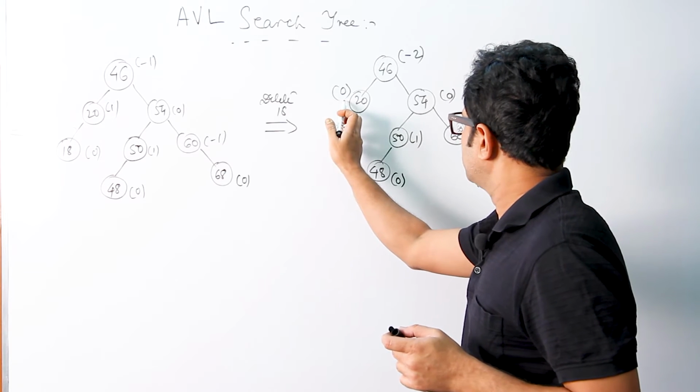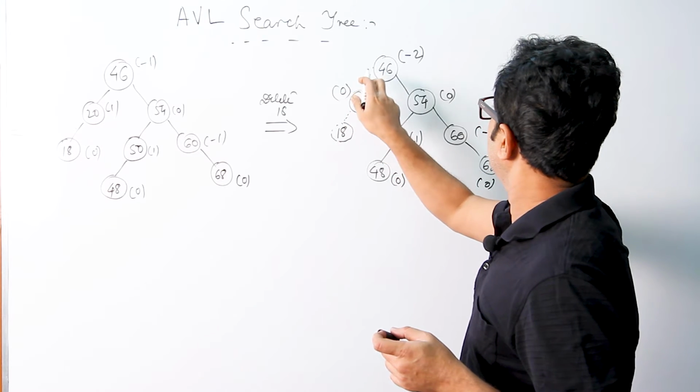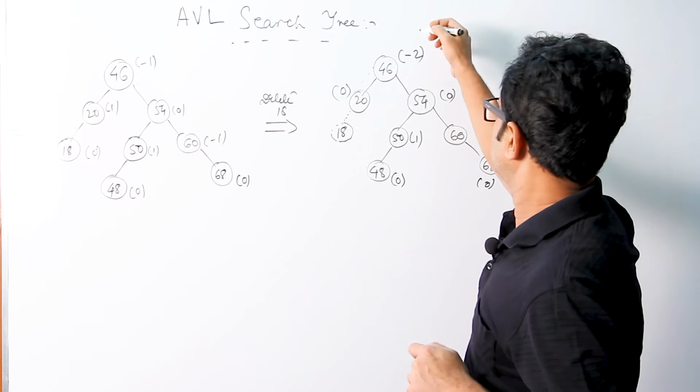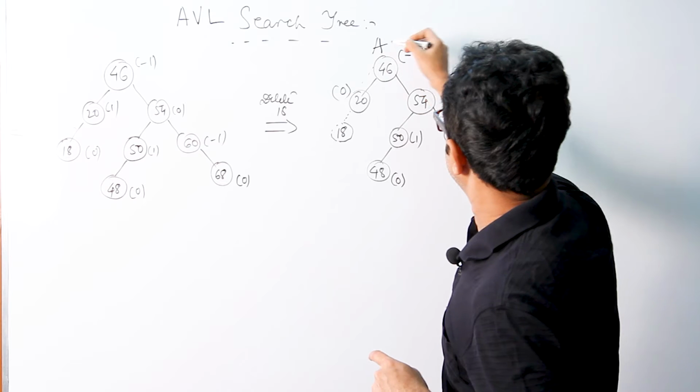We see that the balance factor over here is 0, that is well and good, and after that we go to this 46 and see the balance factor is minus 2, which is deviating. So this deviation makes it to be labeled as A.